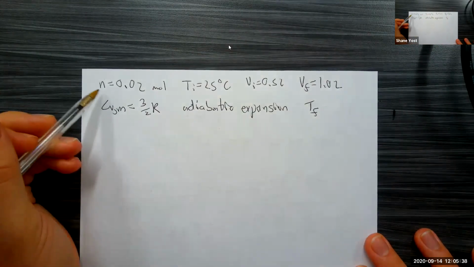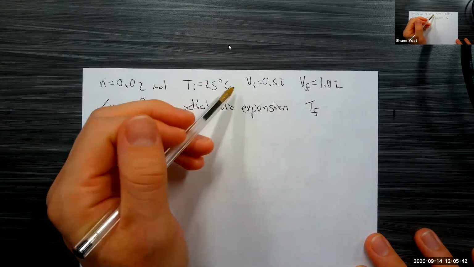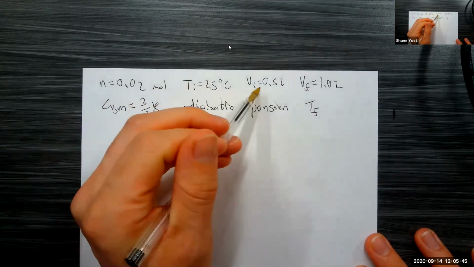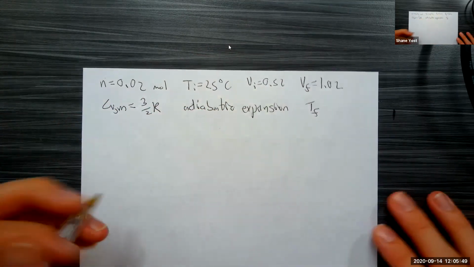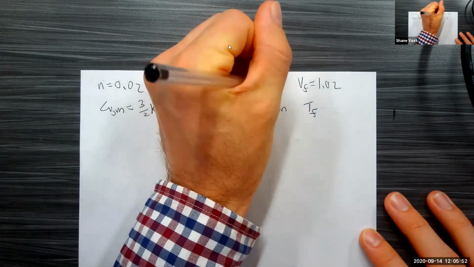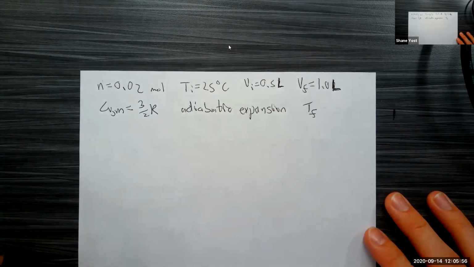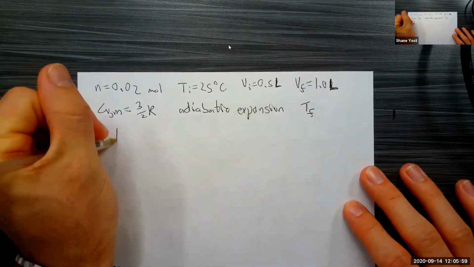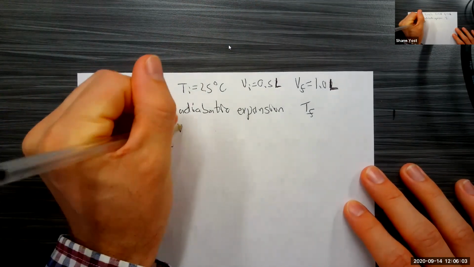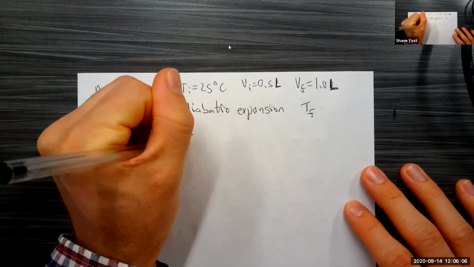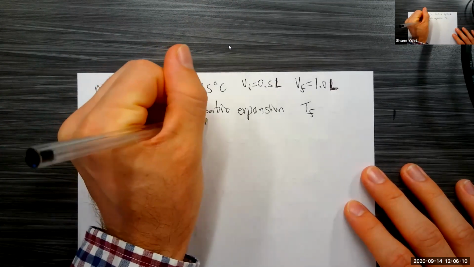We're told the number of moles, the molar heat capacity at constant volume, the initial temperature, the initial volume, and the final volume: 0.5 liters and 1.0 liter. The relationship for the final temperature is the initial temperature times the initial volume over the final volume, raised to the power of 1 over c, which is R divided by C_V,m.